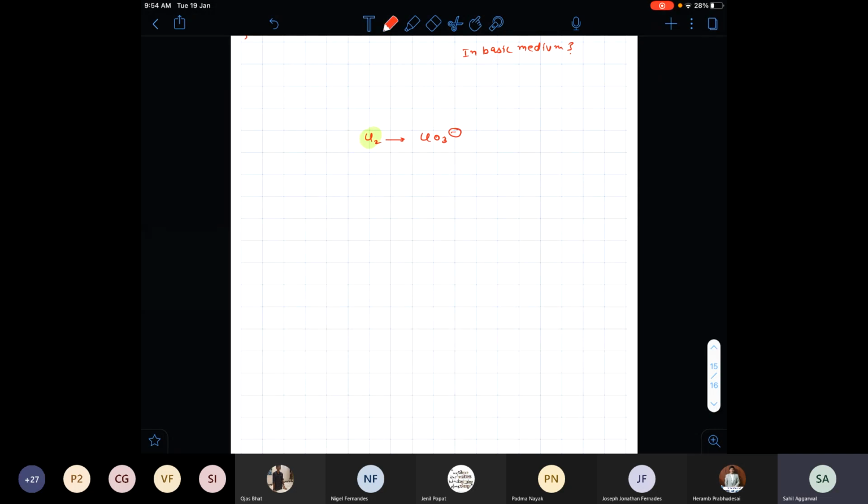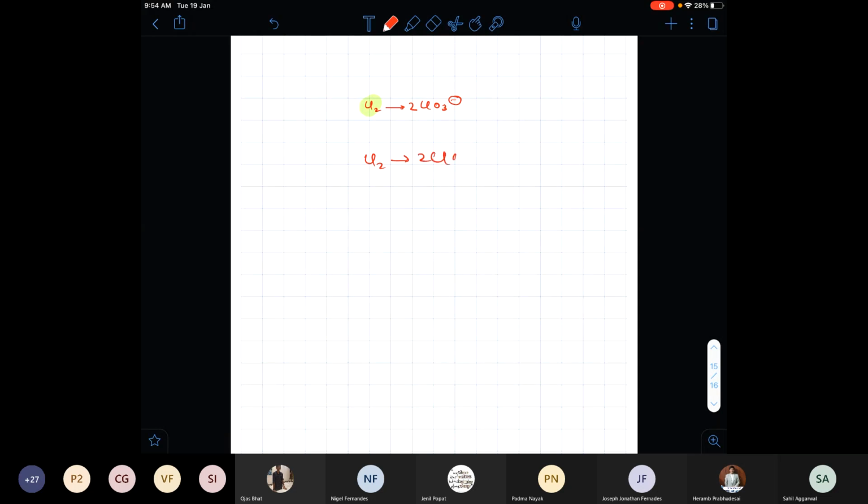First do it in acidic medium only. Balance the number of atoms. Calculate the charge. Balance the charge. Any doubt till here?